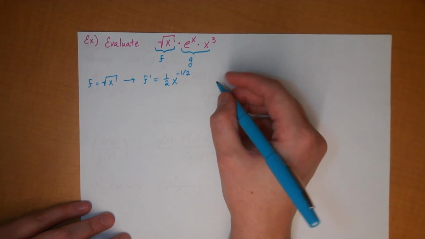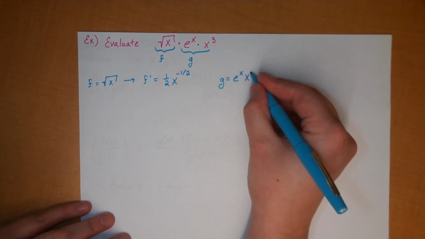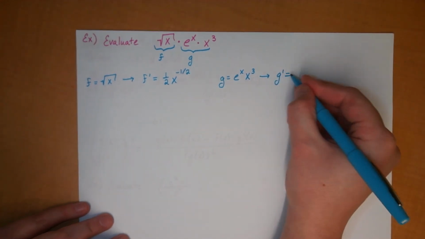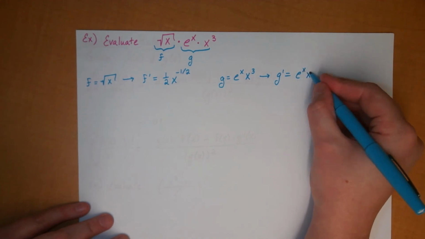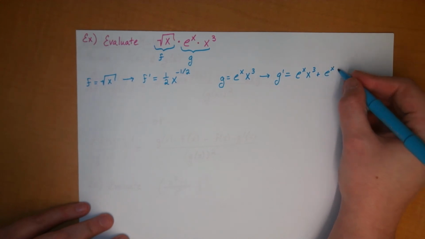And here, I know g equals e to the x, x to the third, and g prime is going to equal the derivative of the first times the second left alone, plus the derivative of the second one times the first left alone.